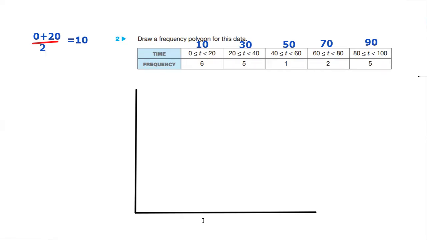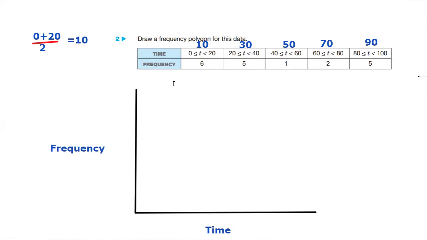So here write time. The time here is in seconds, I think. It's not written, it's okay. And now here we have the frequency. The frequency should be on the vertical side.